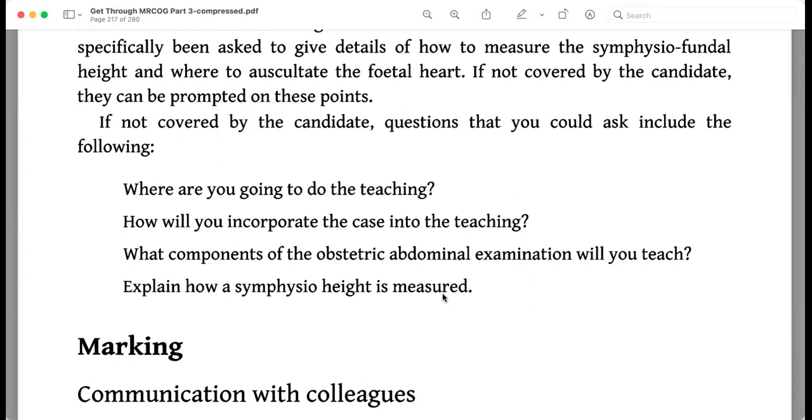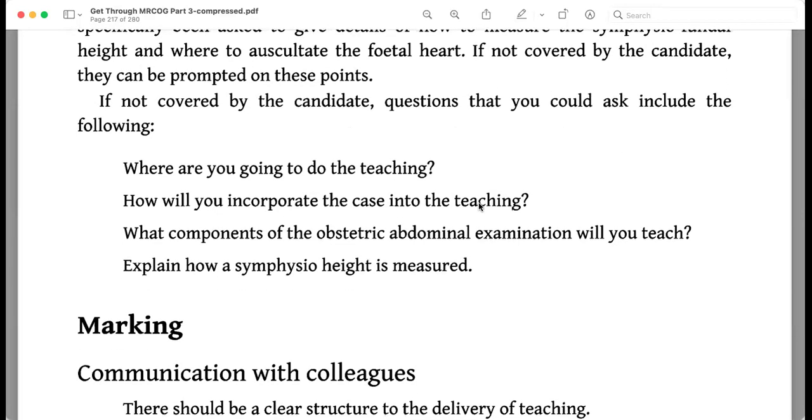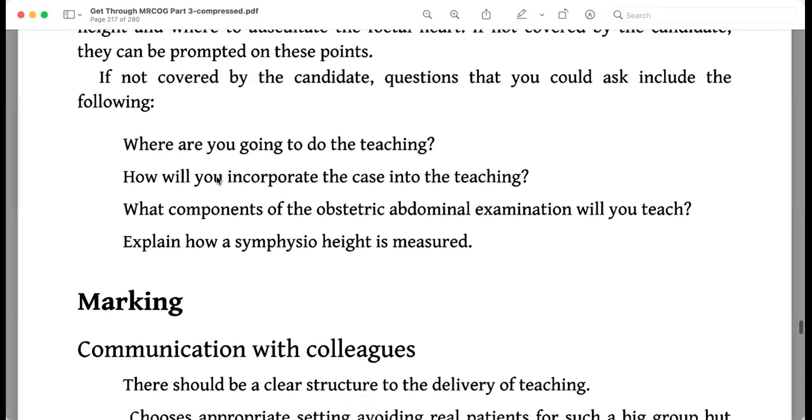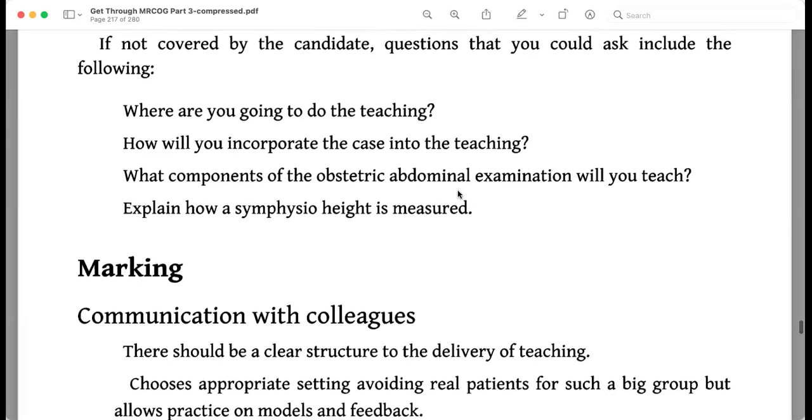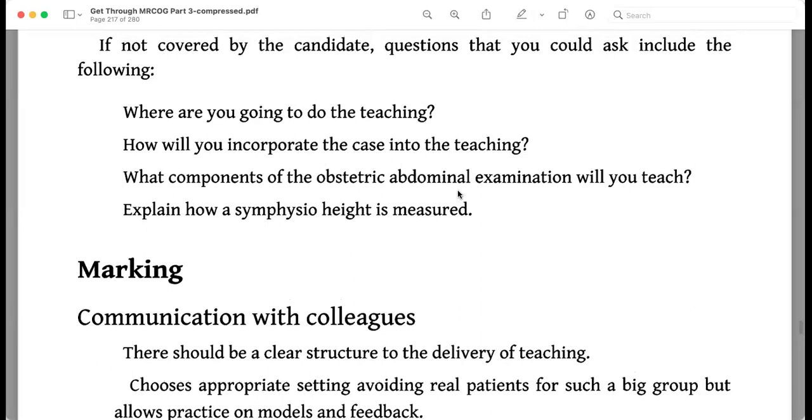For that, it's okay, but I will advise you to mention some other teaching resources, right? The presence of charts and the presence of a mannequin. So how will you incorporate the case into teaching? For that, you can have a case-based discussion, which is one of the styles of teaching. You remember from Part 2, teaching 1, case-based discussion, right?